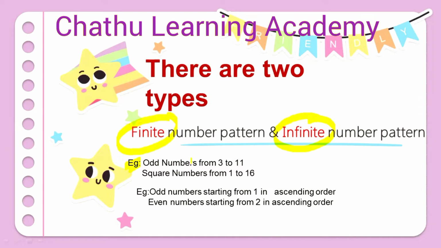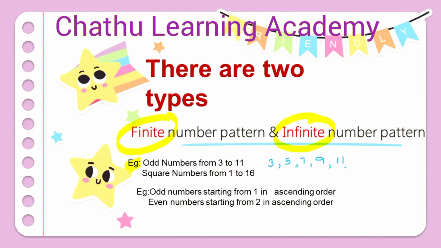First one, odd numbers from 3 to 11. Here you can observe two boundaries are given. You should write odd numbers from 3 to 11. It means the first term should be 3, then after that 5, 7, 9, 11.